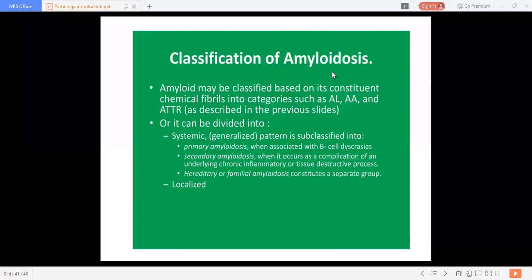Then the fourth type that we discussed yesterday is hereditofamilial amyloidosis. Any query about this fourth one, hereditofamilial amyloidosis?